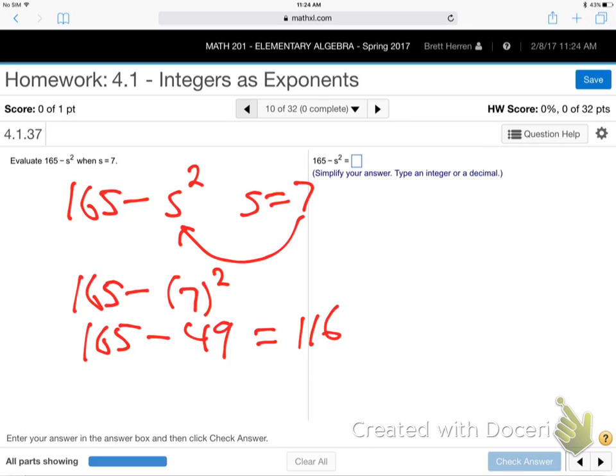Is that what it is, 116? Questions I can answer on that? Is that making sense? We just square the 7, 7 times 7, 49, and then subtract.